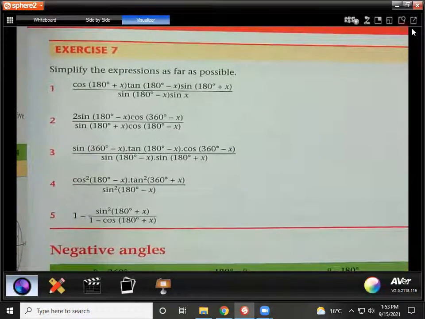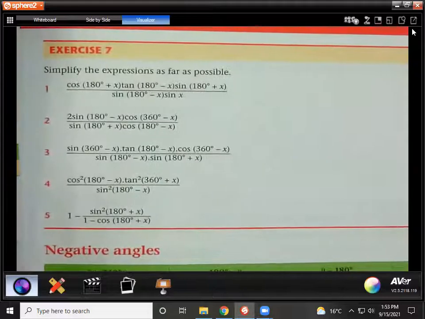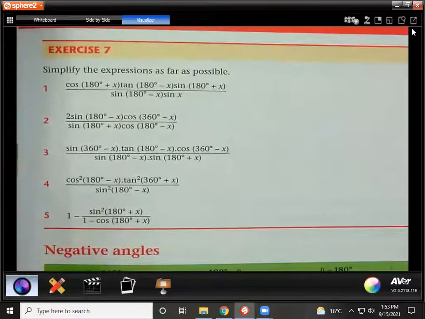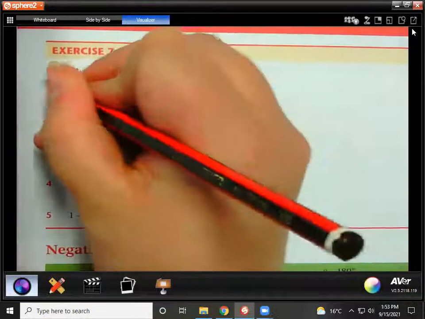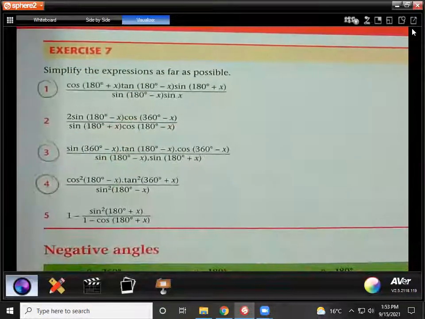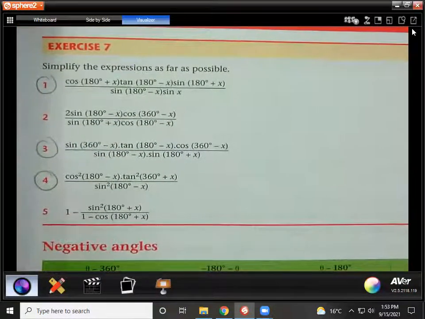All right, that's the page. You are doing 1, 3, and 4. Okay, get going now, please.